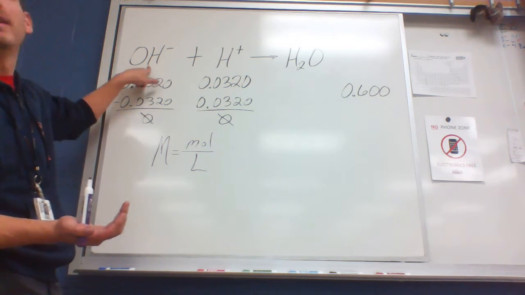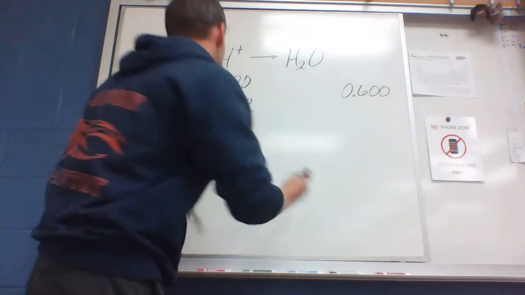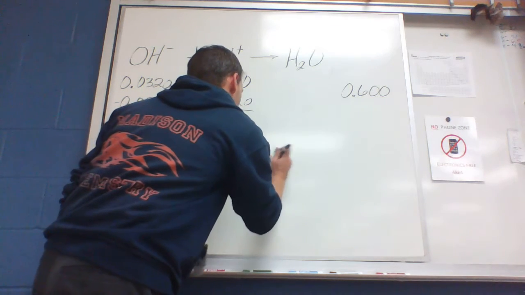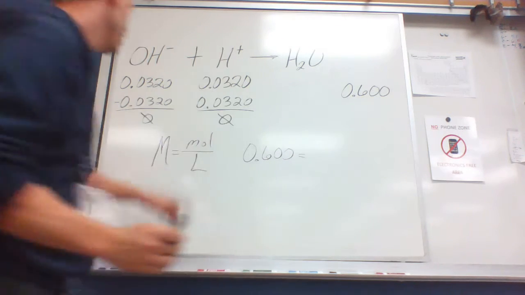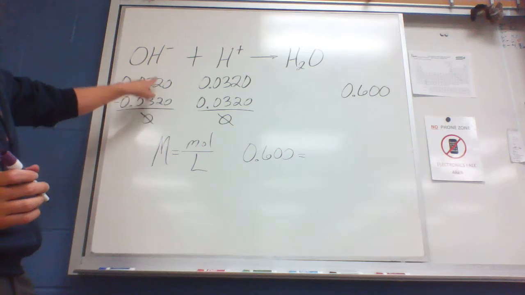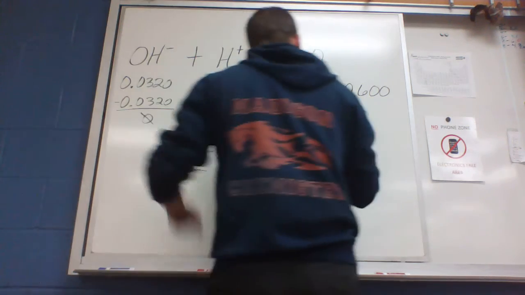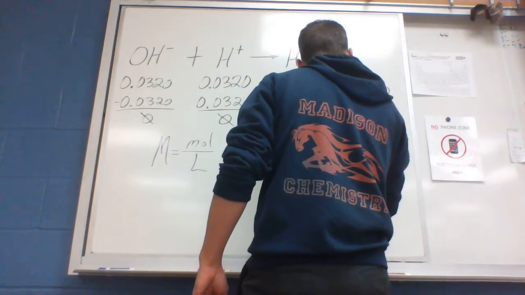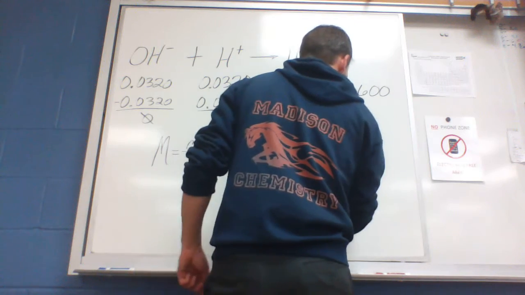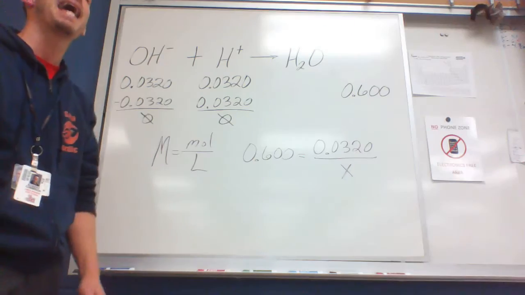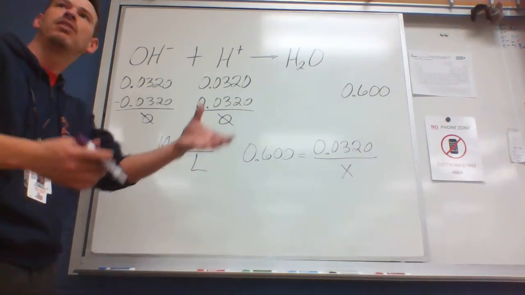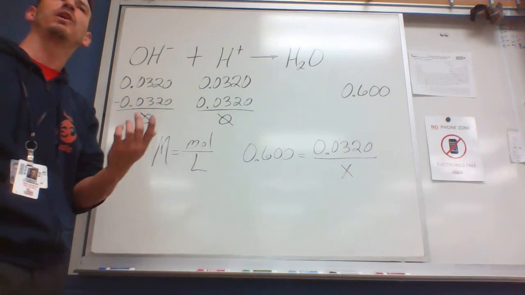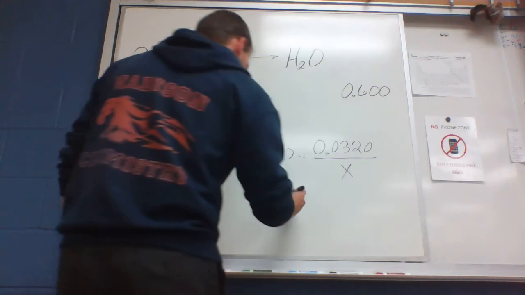We already know the molarity of OH is 0.6. We already know the moles at the equivalence point, 0.0320. What we don't know is how much of it we had to add to make those moles equal each other. But I bet you could solve for X here.